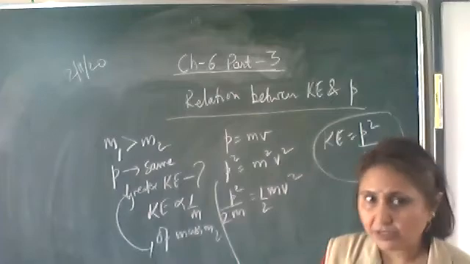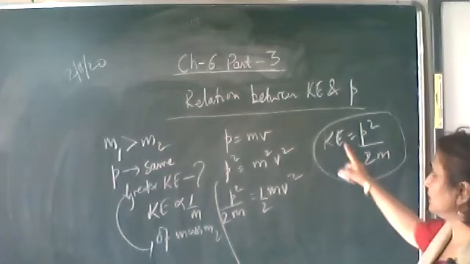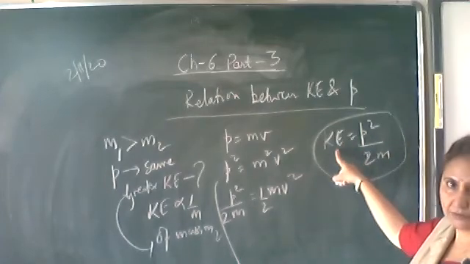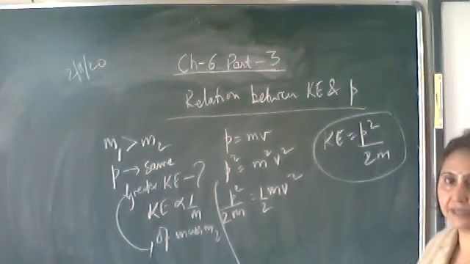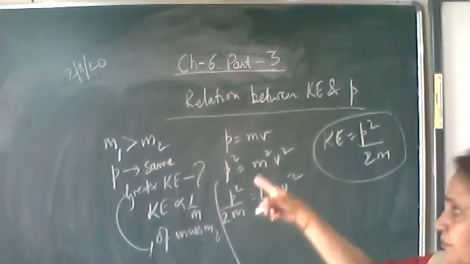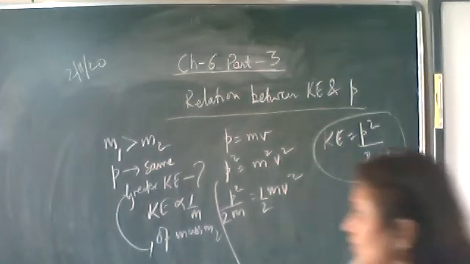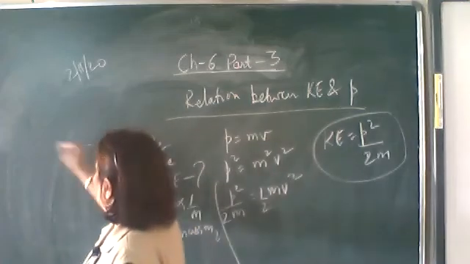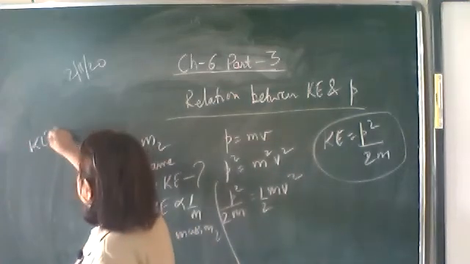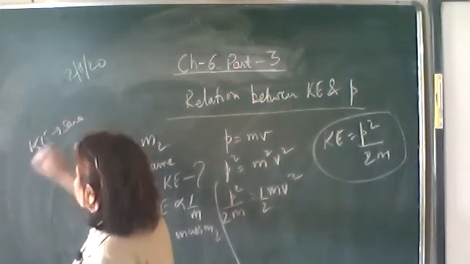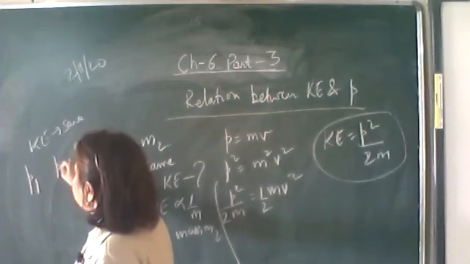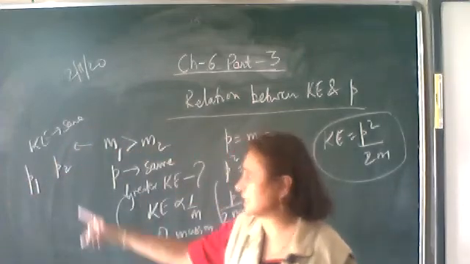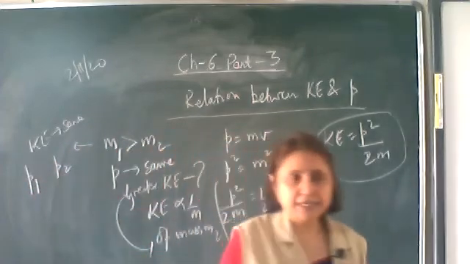Okay, the same way we can do if they are having the same kinetic energy. Which body has got greater linear momentum? Same question, m1 greater than m2, but now kinetic energy is the same. So P1 is greater than P2 or P2 is greater than P1, what sign should I put over here?